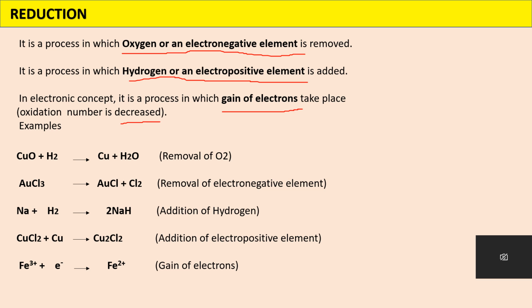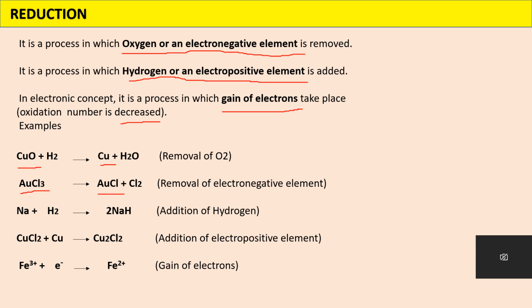In the first example, we can see copper oxide loses oxygen. So this is reduction of copper oxide to copper. In the second example, we can see AuCl3 loses chlorine, which is an electronegative element. So loss of chlorine is reduction of AuCl3 to AuCl.